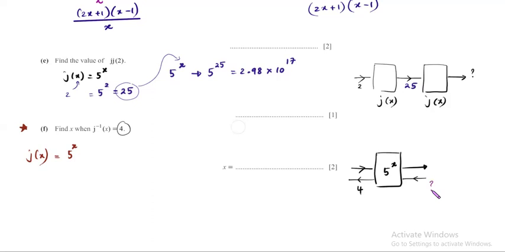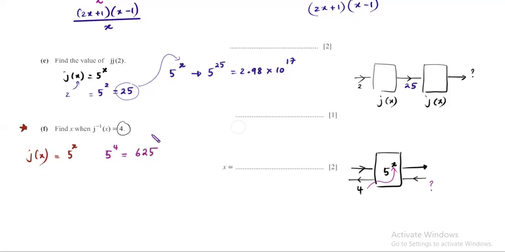That means wherever this x is, I need to replace this x with the 4 to find what that number is, which means it's going to be 5 to the power 4. That is equal to the answer here. So 5 to the power 4 is equal to 625.